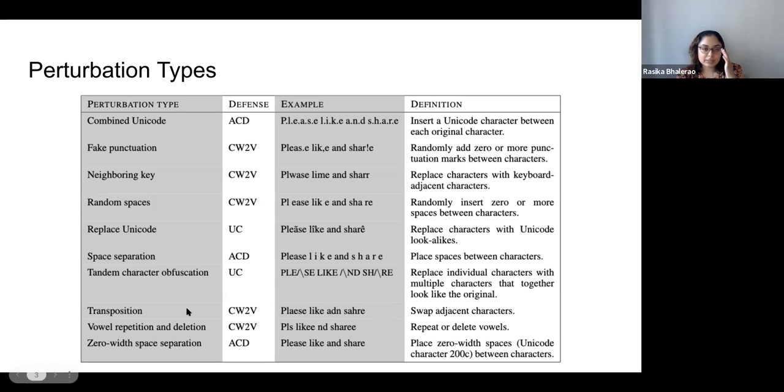Similar to the other one with a typo is transposition, where letters that are next to each other in the word are swapped. This is also often a typo, but it could also be done adversarially. And last but not least, there's vowel repetition and deletion, where vowels in words are either multiplied or just removed. So here, please is PLS, and then there are extra E's added to like and share.